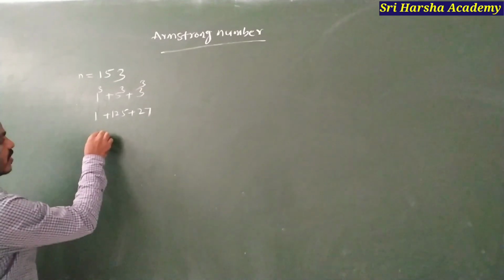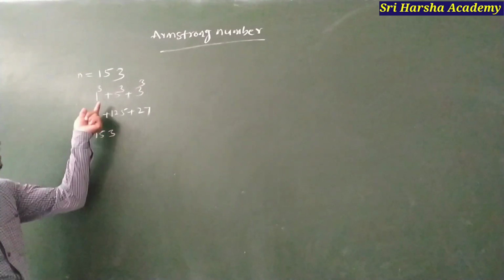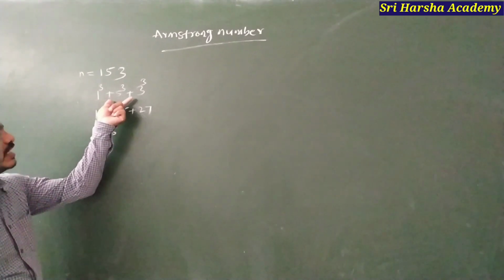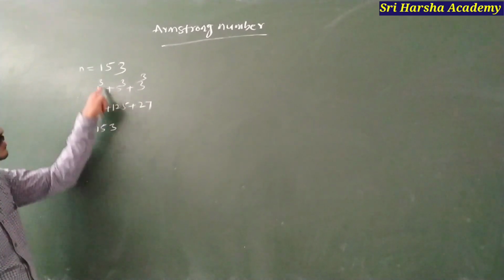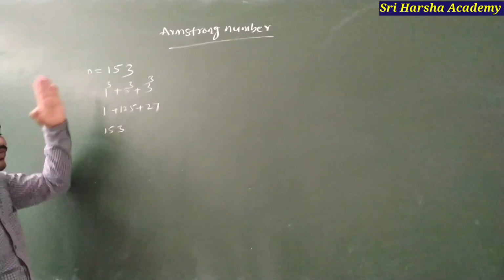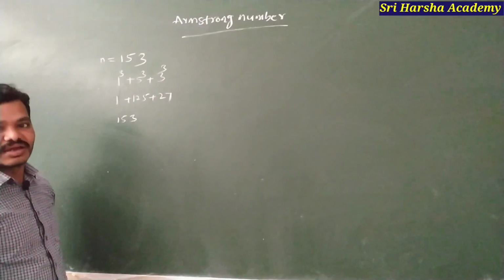So the total is 153. The sum of the cubes of the individual digits equals n, so 153 is an Armstrong number.